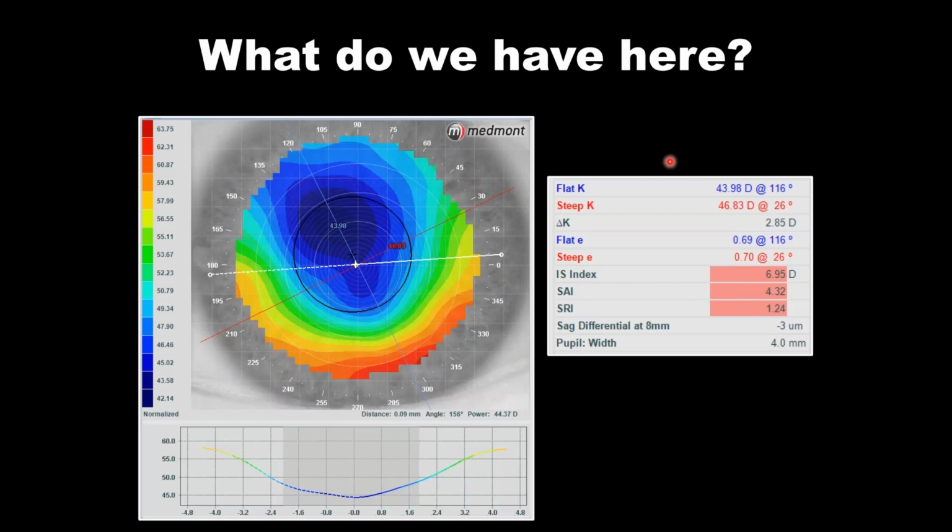Now, sometimes we can't get a lot of information, and this happens in cases like this. When you look at this topography, what would you imagine would create this surface of flat in the center, steep toward the periphery? What would limit the coverage of the rings in the peripheral cornea, giving us this smaller area of information?